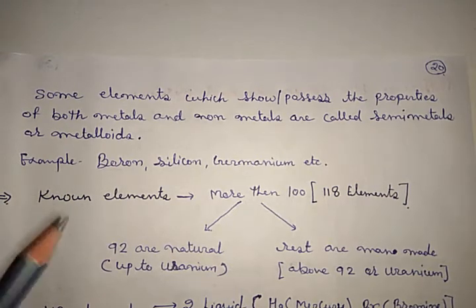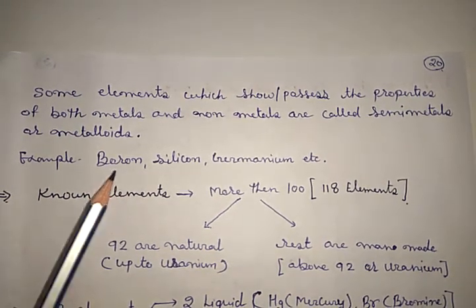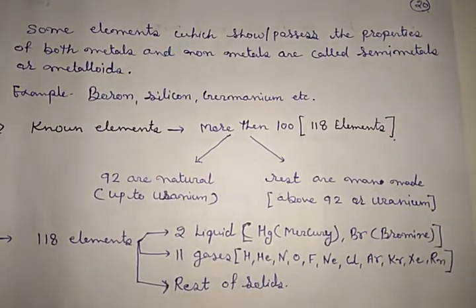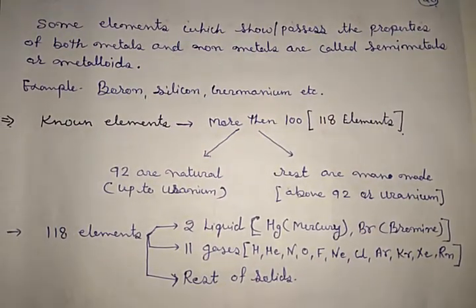Examples are boron, silicon, germanium, gallium, etc. They come in the category of semi-metals.